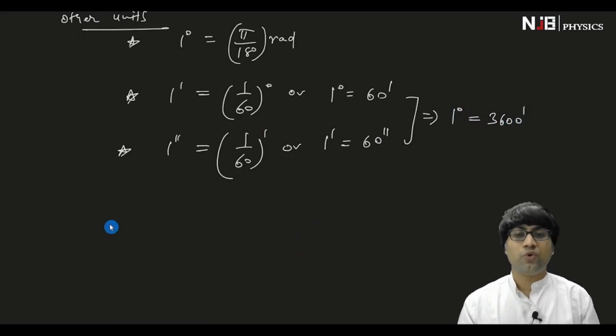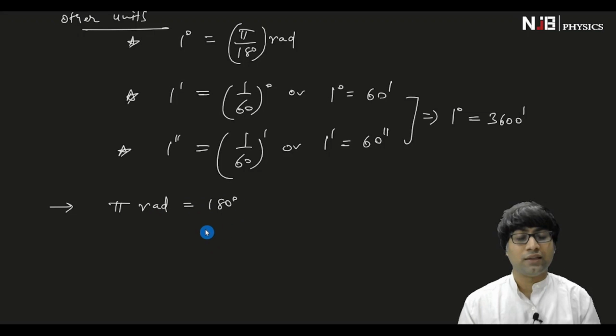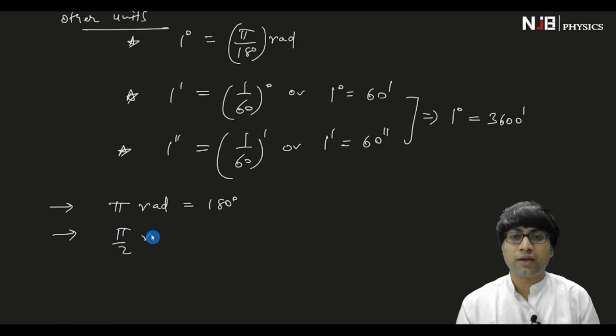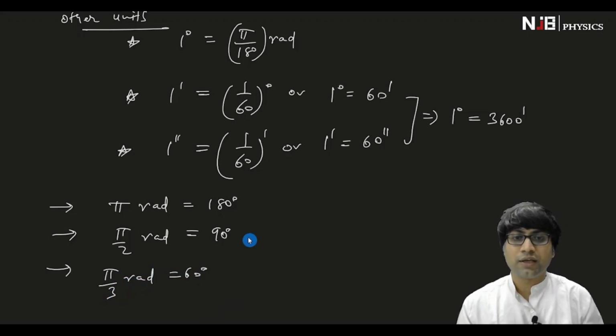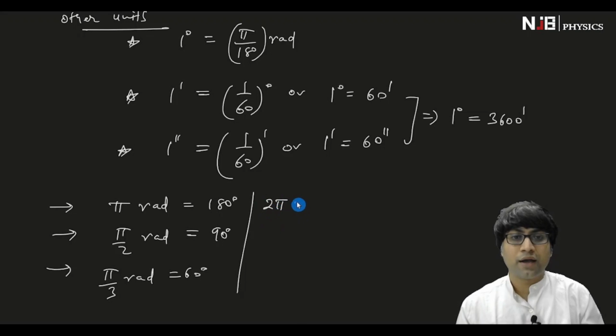From here, we are going to memorize a few important points: pi radians is equivalent to 180 degrees in the other unit system, pi by 2 radians is going to become 90 degrees, and pi by 3 radians is going to become 60 degrees. Similarly, a complete circle, 2 pi radians, is going to become equal to 360 degrees.